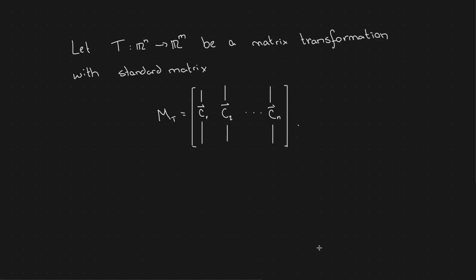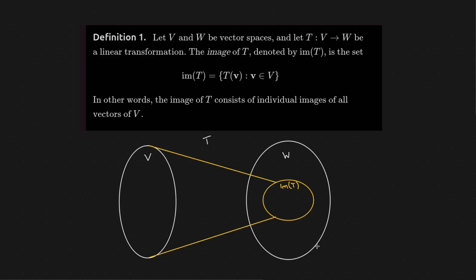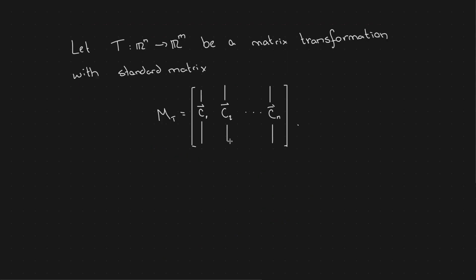Now, the image of transformation T is just everything we could possibly get by plugging something into the transformation T. To get an idea of the image, let's plug in an arbitrary vector and see what happens.